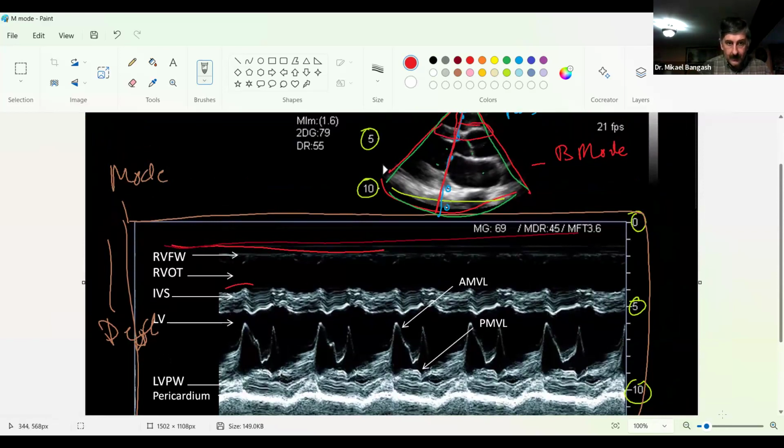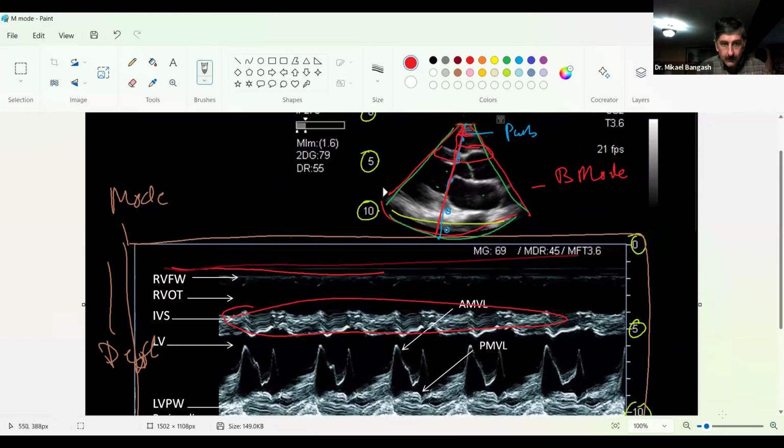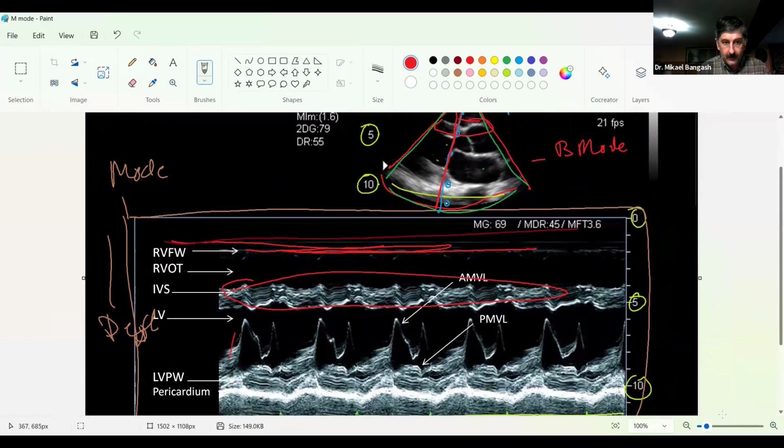So we can mainly say this motion here is maybe this, what we have up here. Maybe this. And as we go slightly deeper, it may be the motion of this.